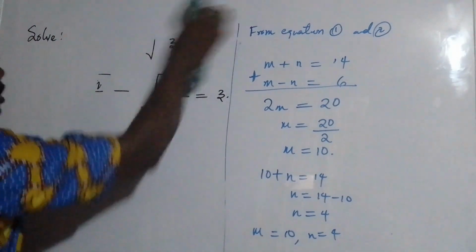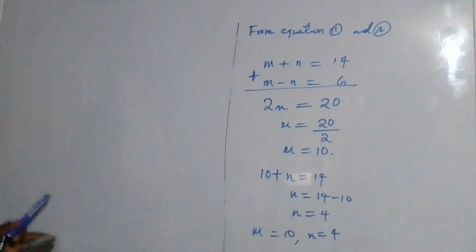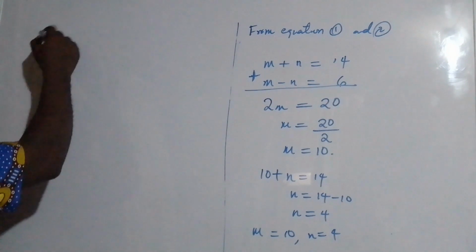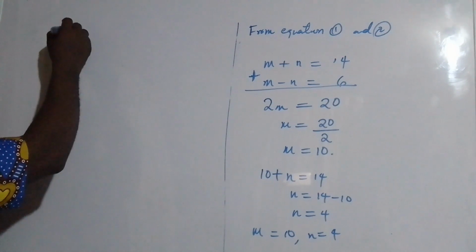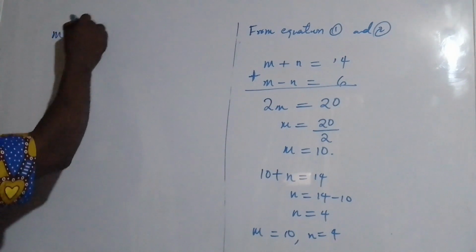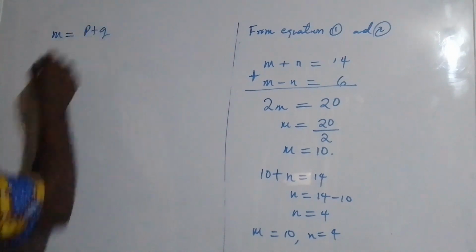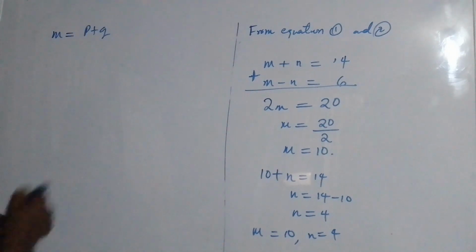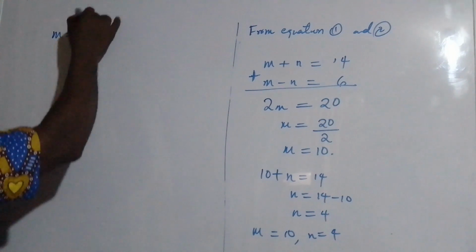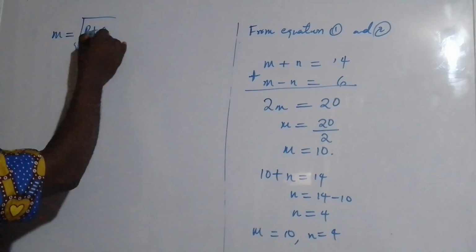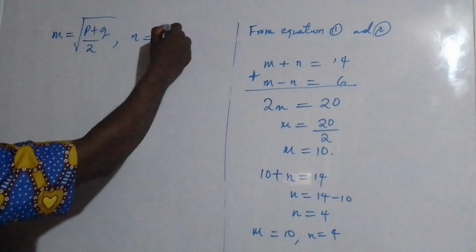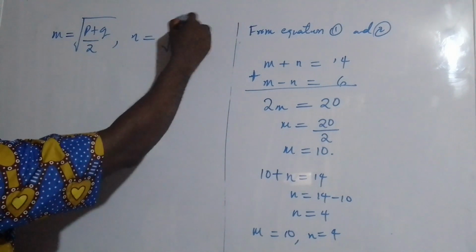So I'm going to clean all of this. We have agreed previously that m should be equal to the square root of P plus Q over 2, and n should be the square root of P minus Q over 3.